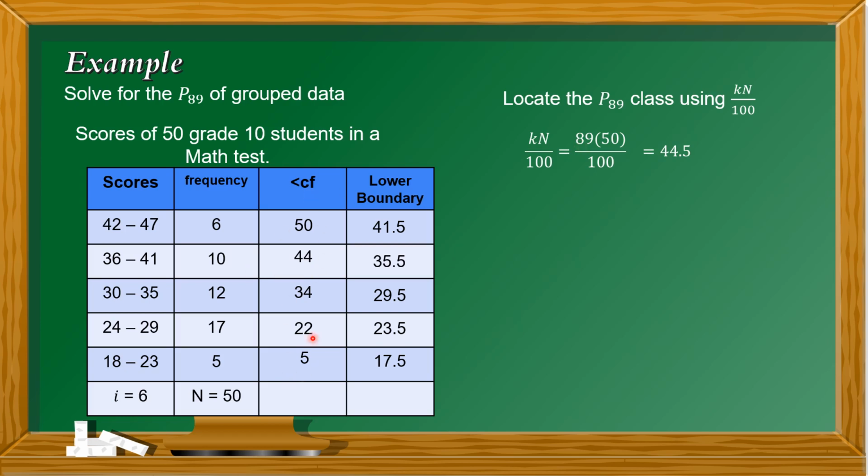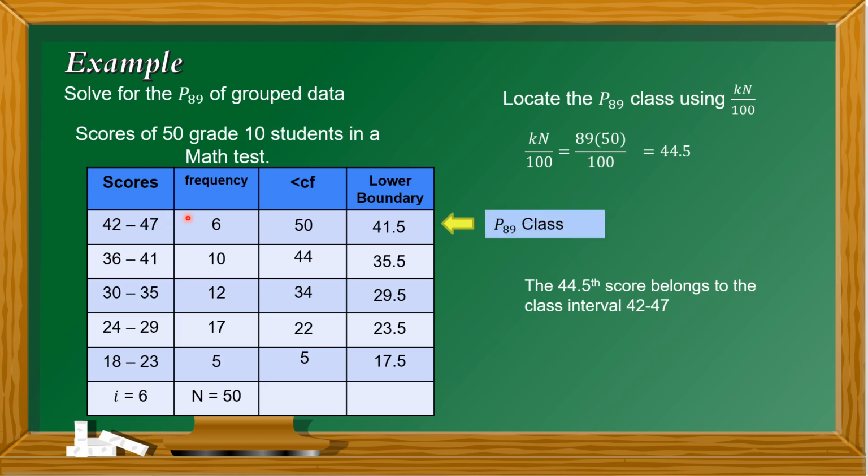Hanapin ang 44.5 sa less than CF. Dahil wala ang 44.5 dito, ang pipiliin natin ay ang number na mas mataas dito, which is 50. That means that the 44.5th score belongs to the class interval 42 to 47. At ito na ang ating magiging 89th percentile class.